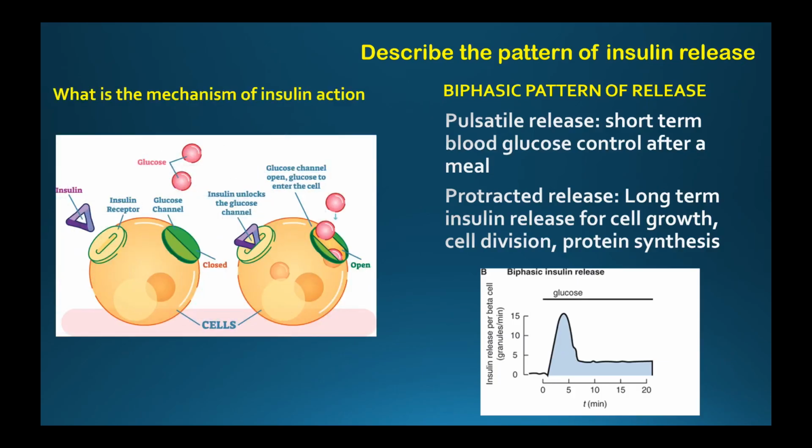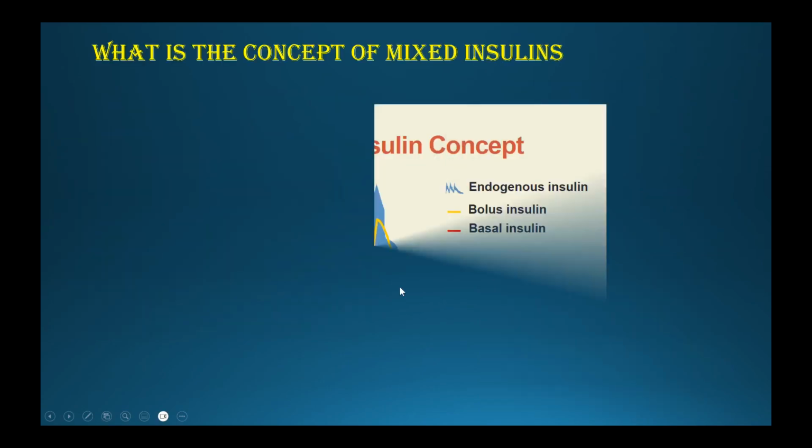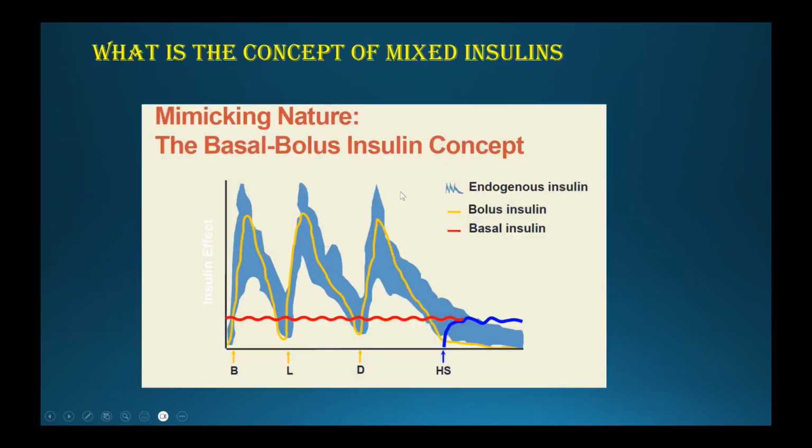So this is the mechanism, and the concept of insulin therapy is to mimic the natural basal and bolus insulin concept. You can see this red line is the basal insulin, a constant level of production, spiked by breakfast, lunch, dinner, and the night insulin.